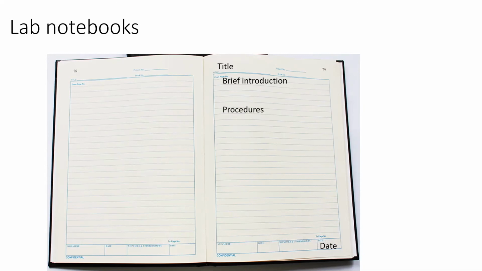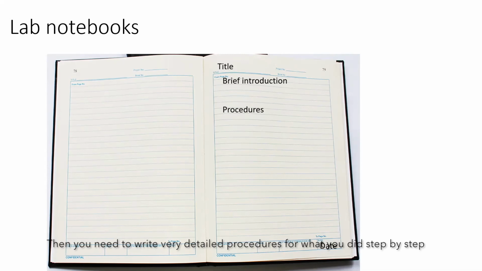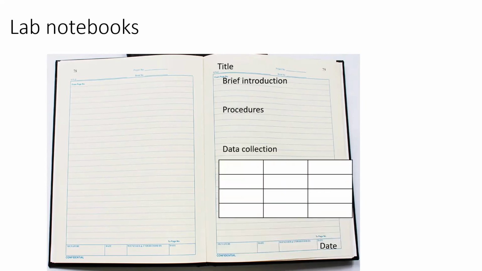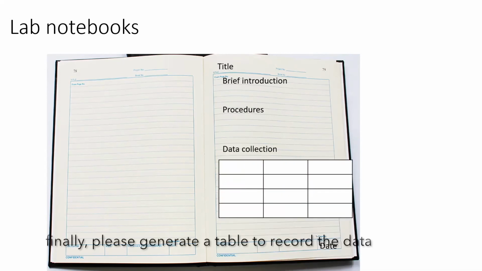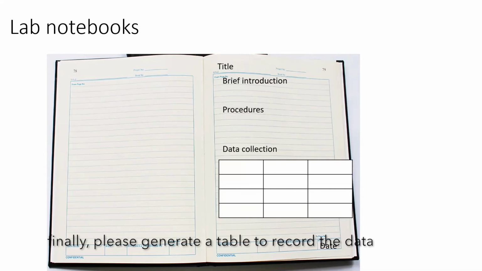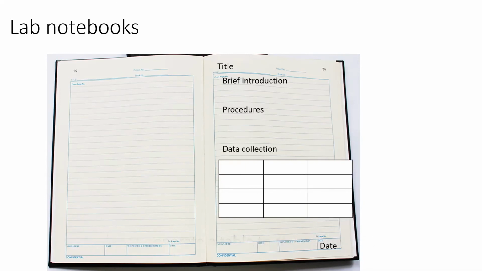Then you will need to write very detailed procedures of what you did step by step. And finally, please generate a table to record the data. As long as you have all this information, you'll get the full score for the lab notebook.